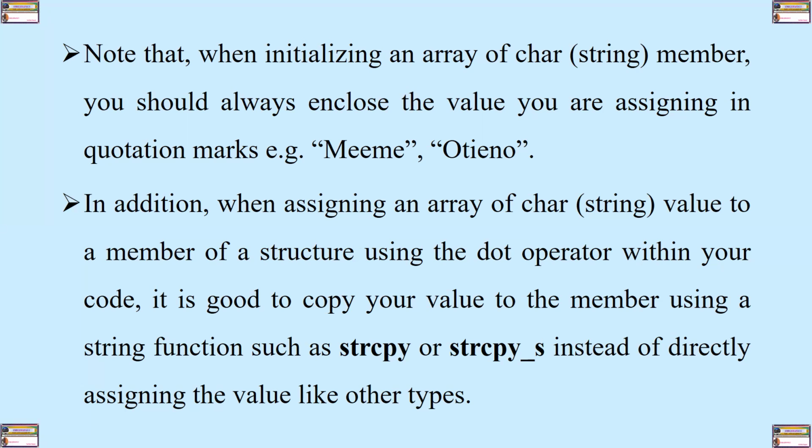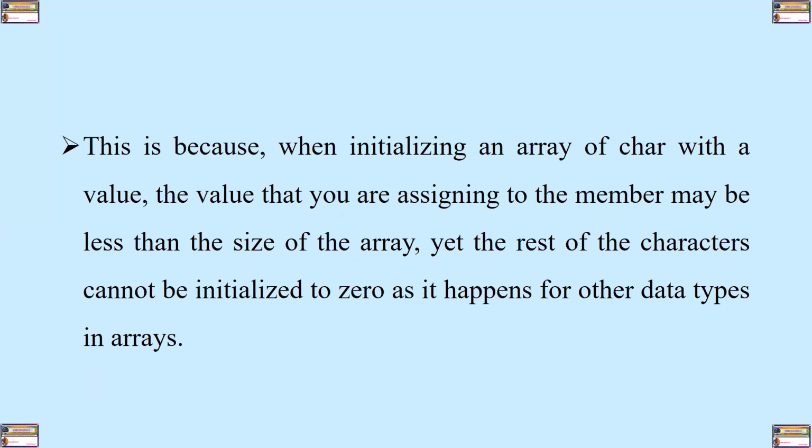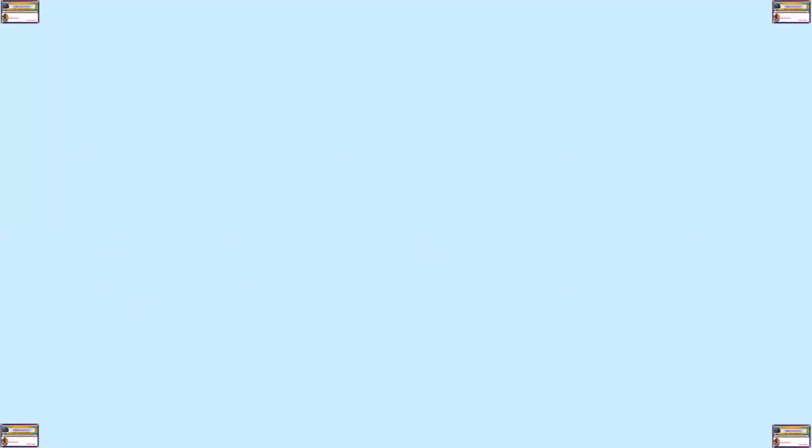In this case, this function can be either strcpy or strcpy_s for a safe way of copying. This is because when initializing an array of char with a value, just as I've said, the value that we assign to the member may be less than the size of the array. Yet, the rest of the characters cannot be initialized to 0, as it happens for other data types in arrays.